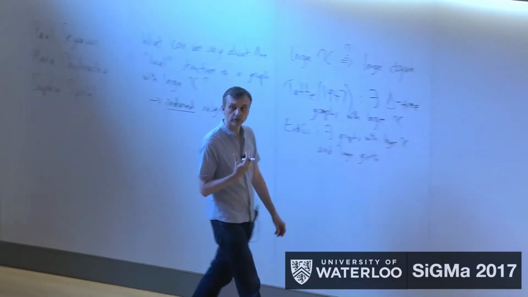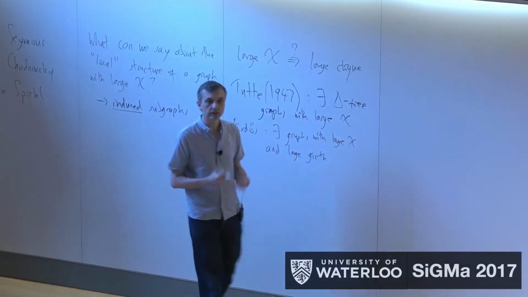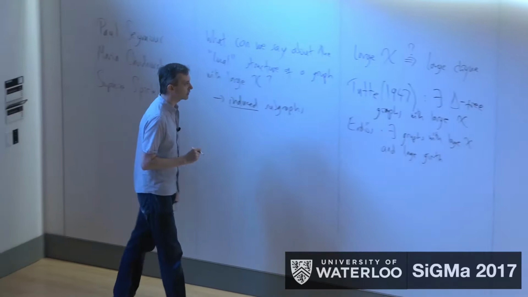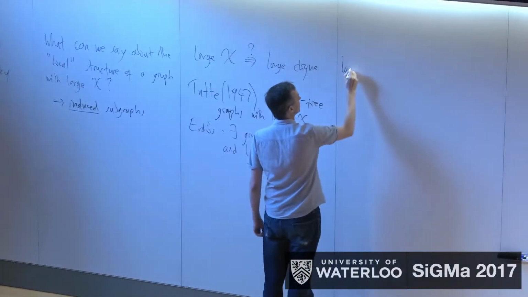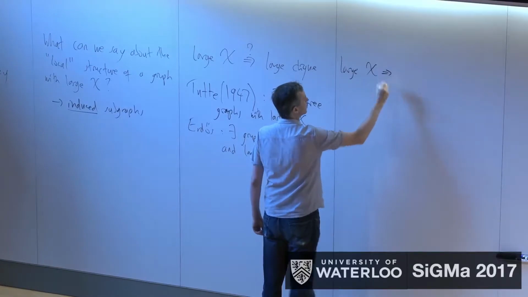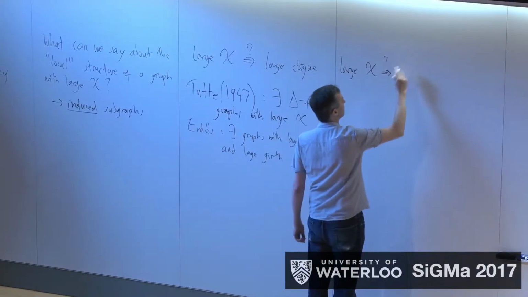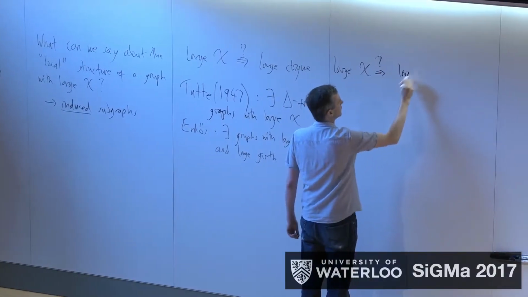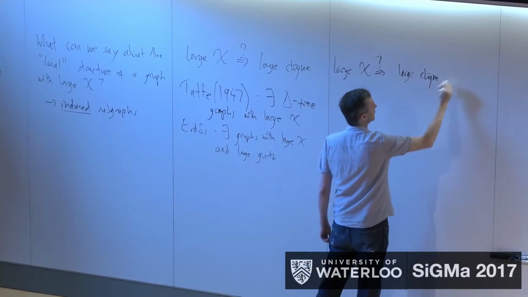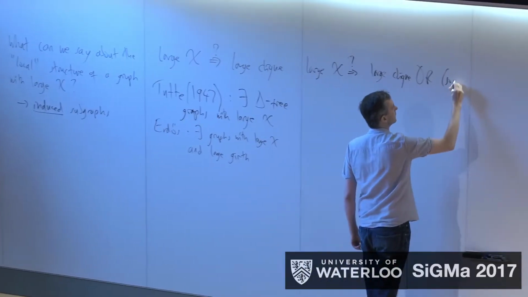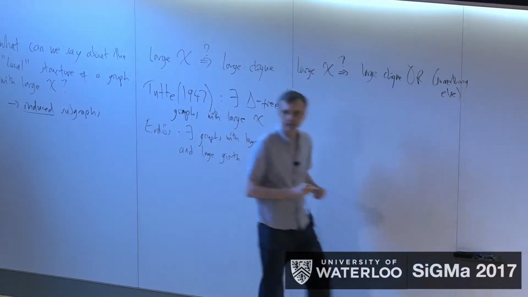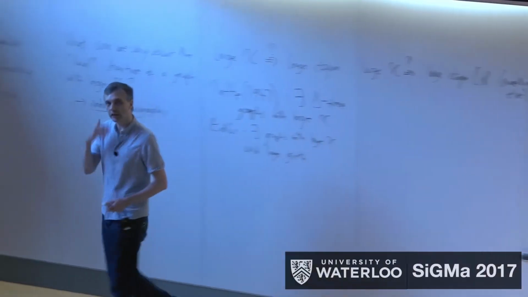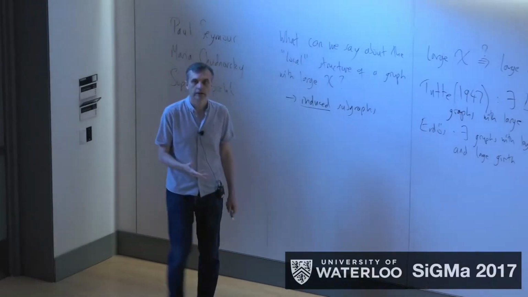So we can't guarantee anything too dense, and you have to modify the question slightly. Large chi implies either a large clique or something else.